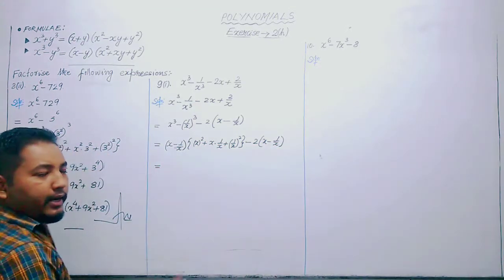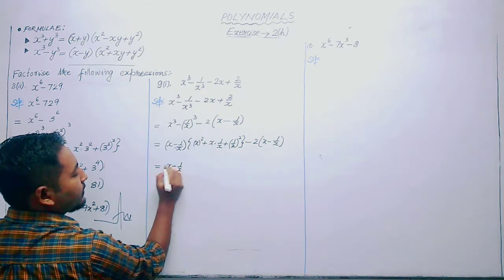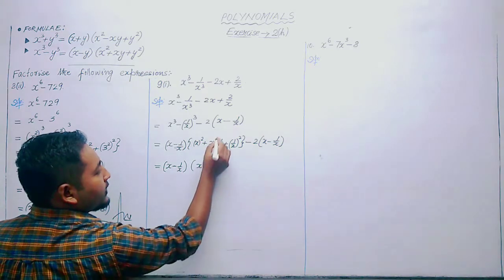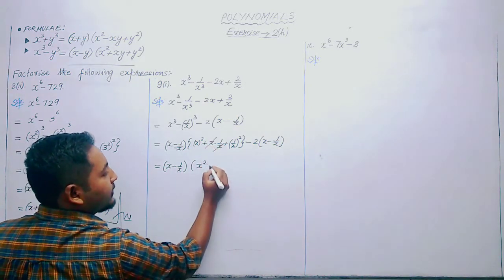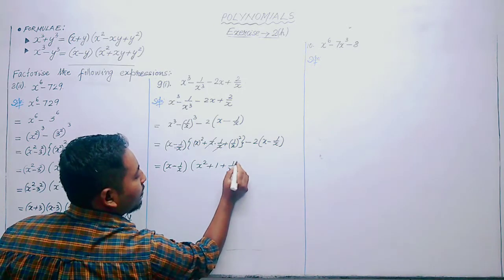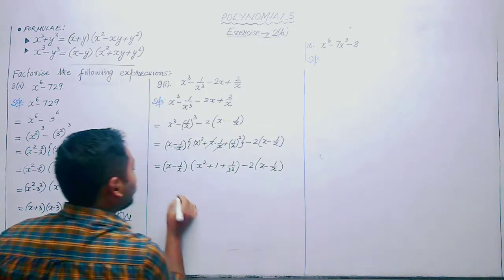Now let us make it simple. x minus 1 by x. Now here you have x square. Now this x and this x will cancel. You will have only 1, plus 1 square is 1 by x square. You have minus 2 (x minus 1 by x).